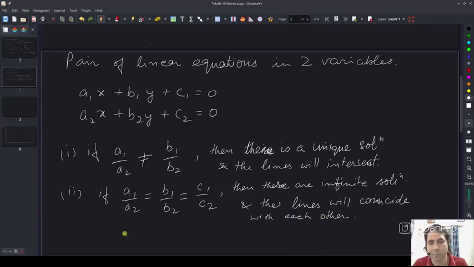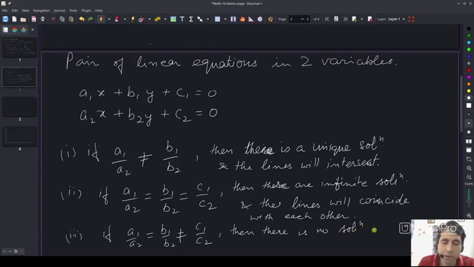Right? And the third condition is if a1 by a2 is equal to b1 by b2 is not equal to c1 by c2, then there is no solution.